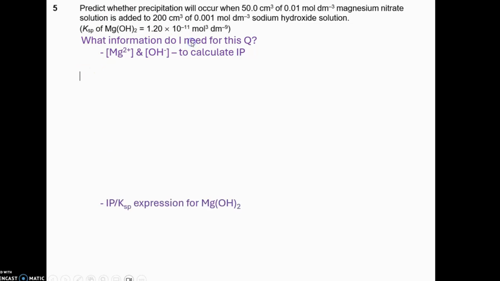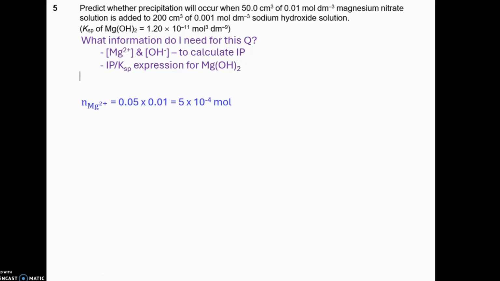Okay, so to solve this question, I need the IP of magnesium hydroxide. So before that, I'll need the concentration of both magnesium ions and hydroxide ions after mixing, which allows me to calculate IP. And secondly, I need to write the correct IP or KSP expression for magnesium hydroxide.